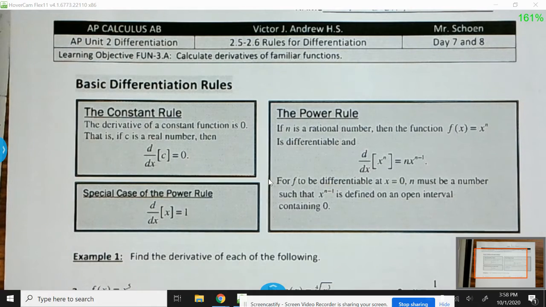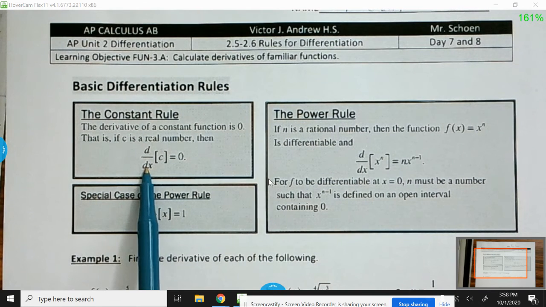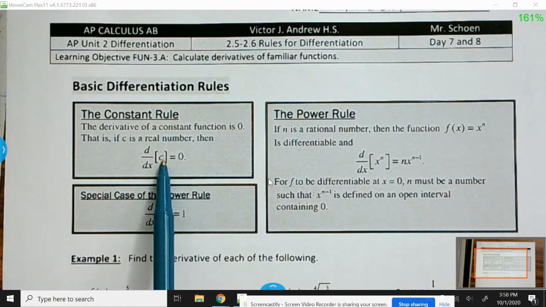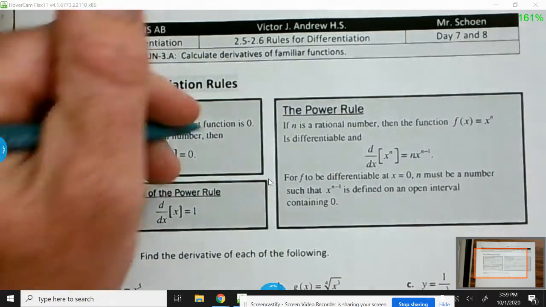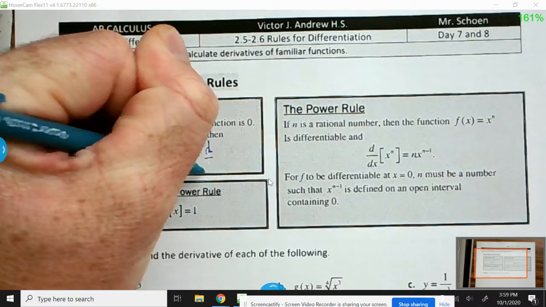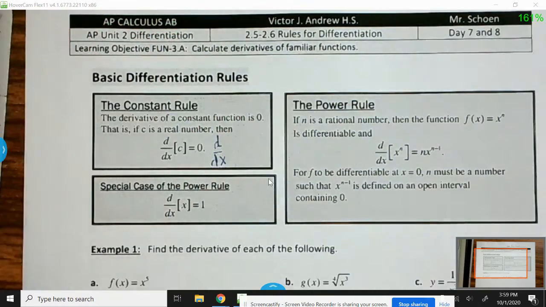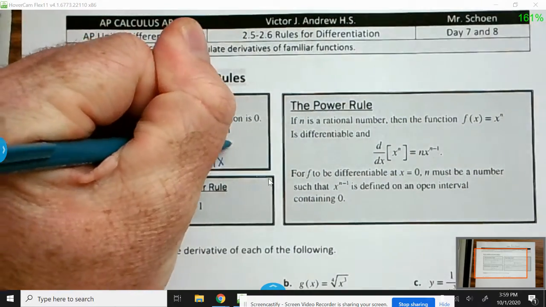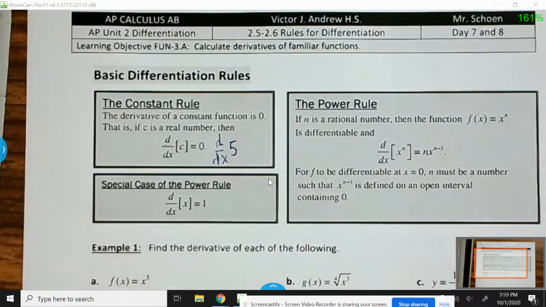The derivative of a constant function is zero. In other words, the derivative with respect to x of any function, if it's constant, it's c, right? Because a constant function has no slope, right? Here's a quick example. What's the derivative of 5?